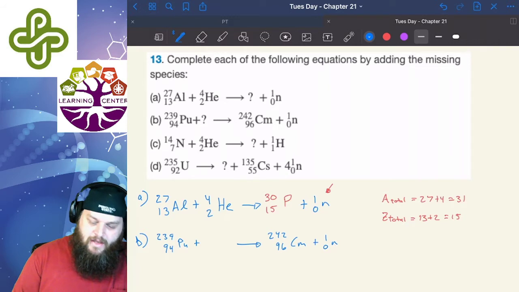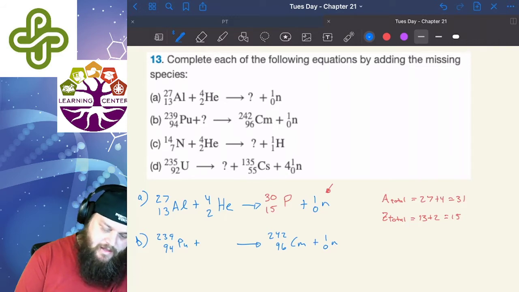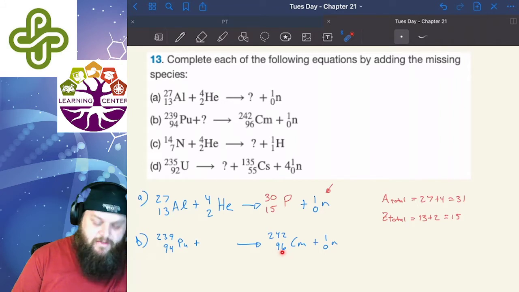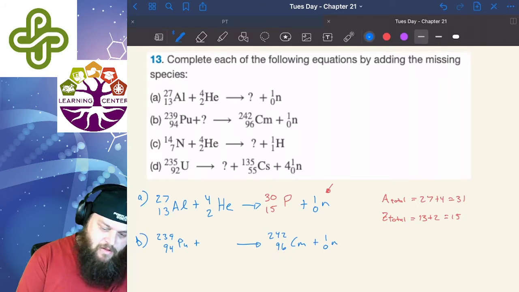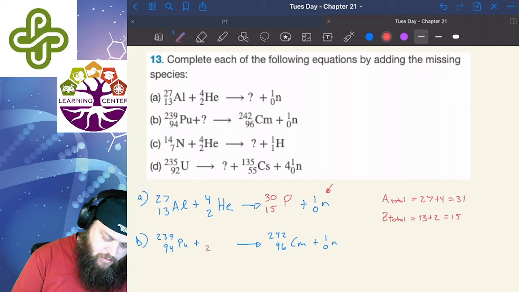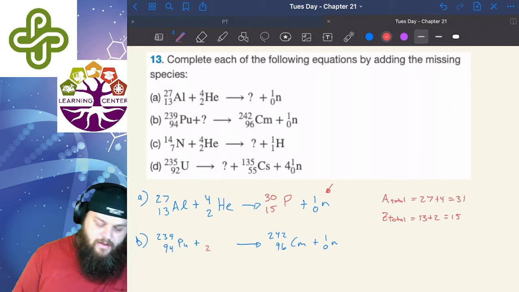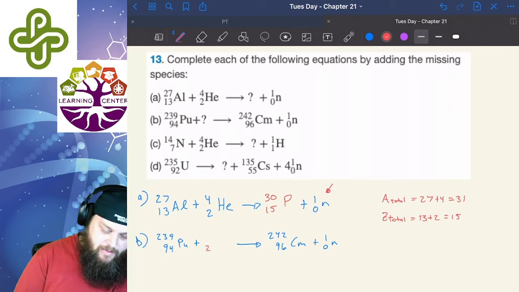So again, adding these together, we can see plutonium had 94 and curium is going to have 96. So we must be adding something with 2 protons to it. So you can already guess what that's probably going to be, and we can verify that. So we think it's going to be an alpha particle.